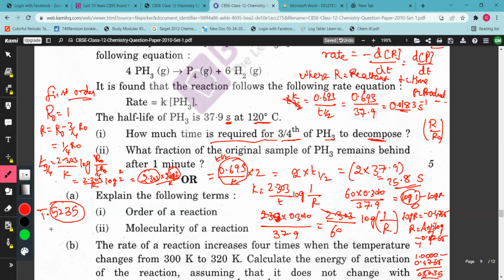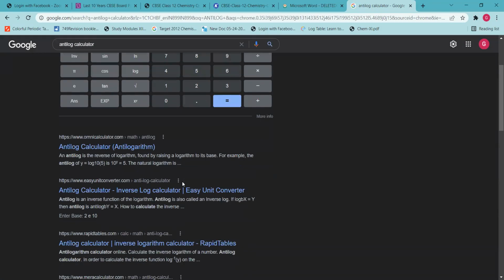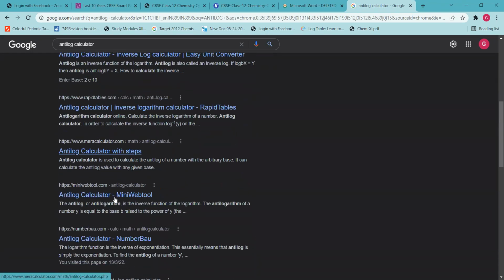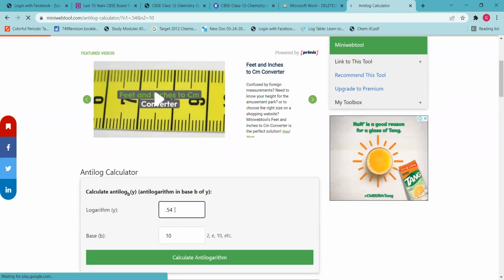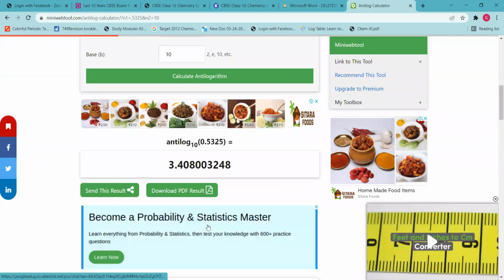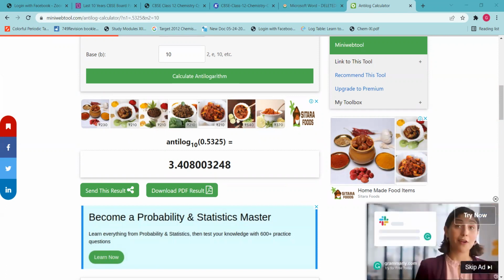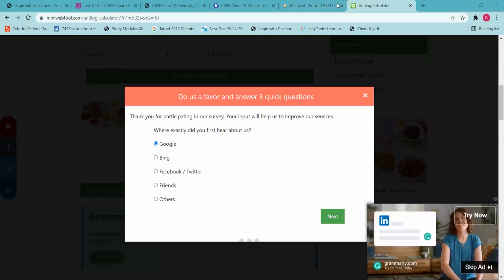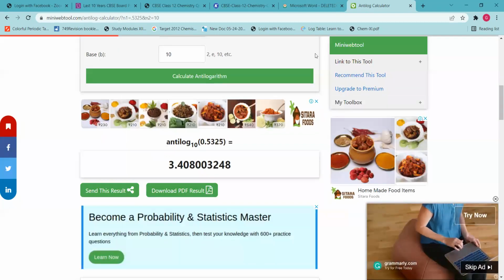Write that down. The anti-log of 5235 is 3.408.